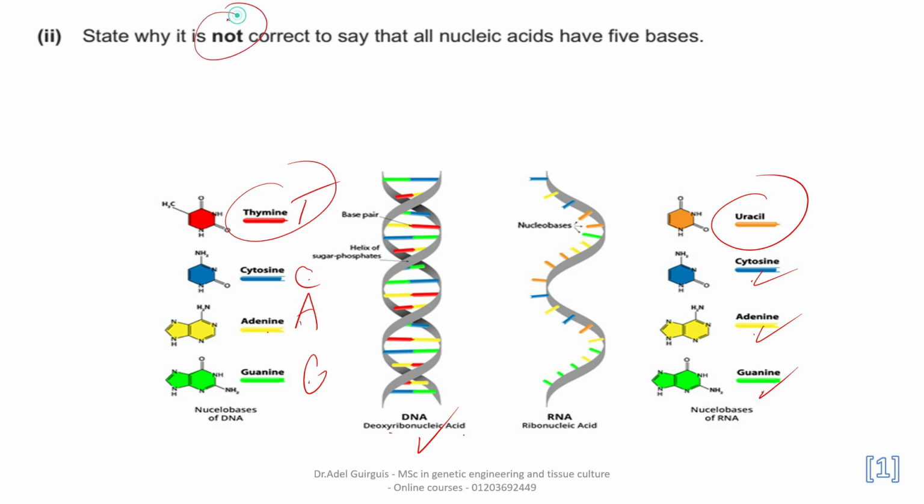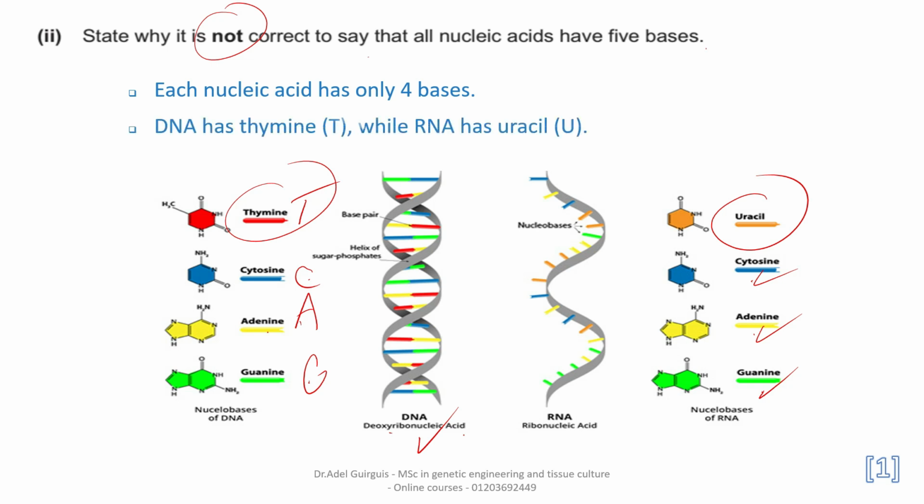So it is not correct to say that all nucleic acids have 5 bases, only 4 bases: A, T, G, C in DNA, U, A, C, G in RNA. So the answer: each nucleic acid has only 4 bases. DNA has thymine T, while RNA has uracil U. It's okay.